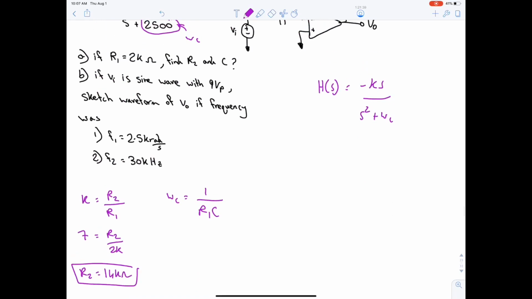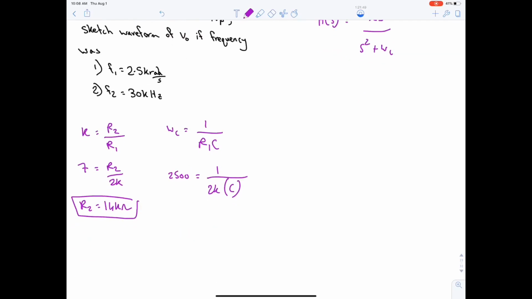R1 is 2 kilo and omega C is 2500, hence C, the capacitor, is 2.22 times 10 to the minus 4, or let's say 0.222 millifarad.